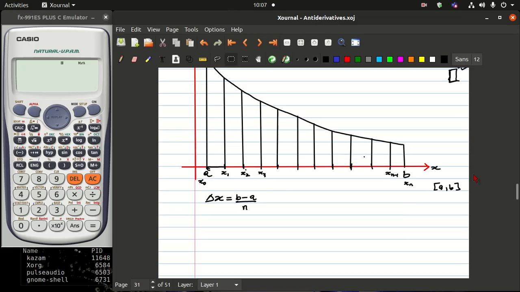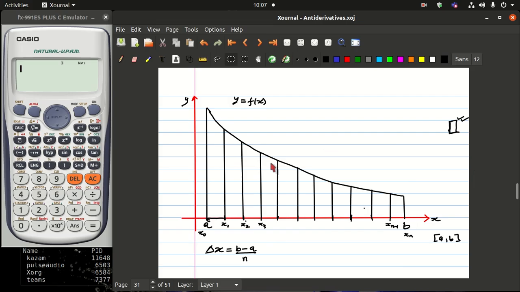Now that we have that, the next thing that we end up doing here is this. Remember that these are x1, x2, x3, and then some dots. Of course, somewhere here you will end up having some x_{i-1}, and here you will end up having some x_i, and then we continue up until we arrive at that point there.